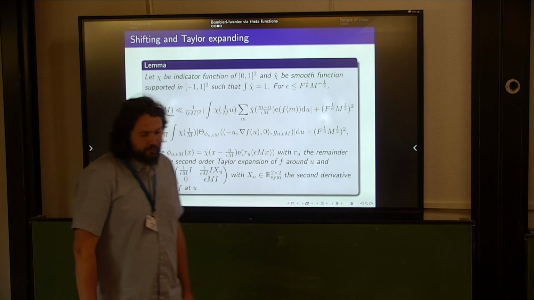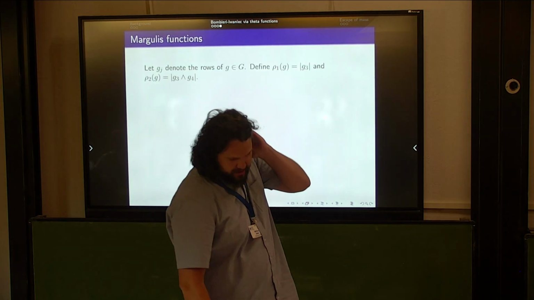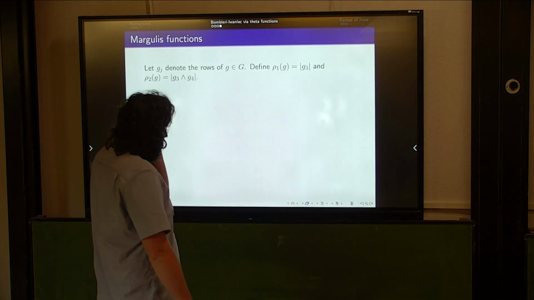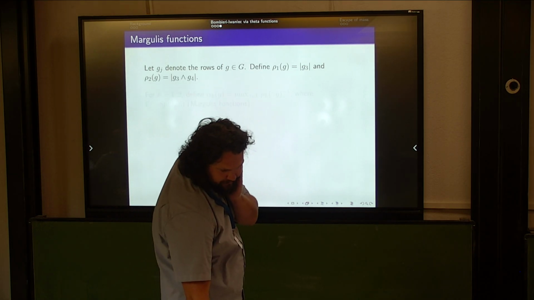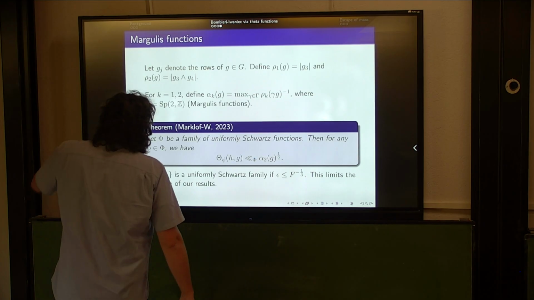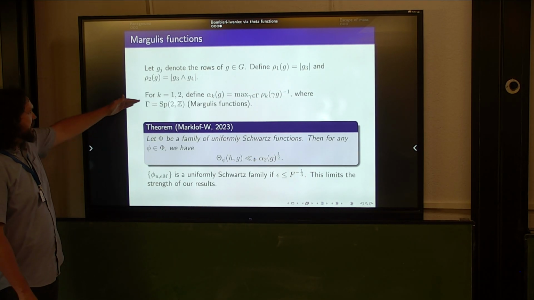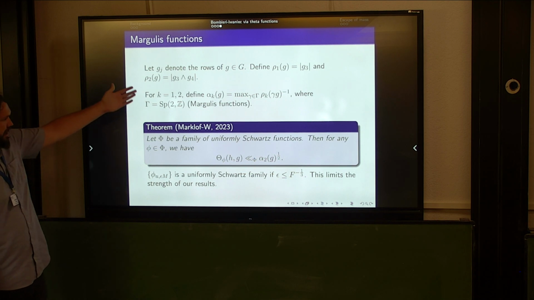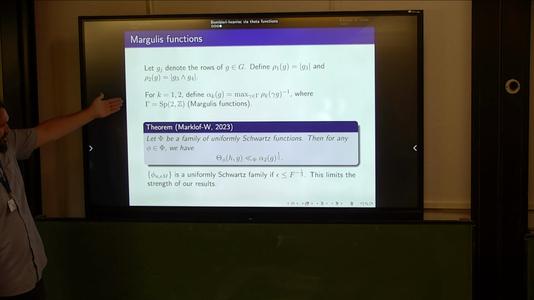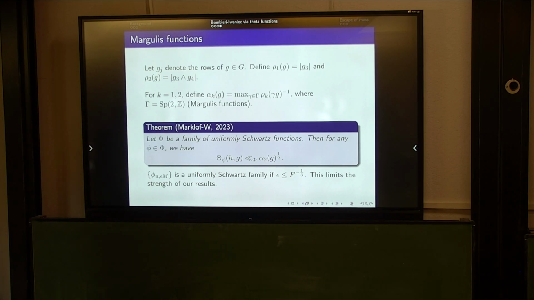And so maybe it shouldn't be surprising that we can bound our theta function in terms of basically just SL2Z invariant heights on the symplectic group.